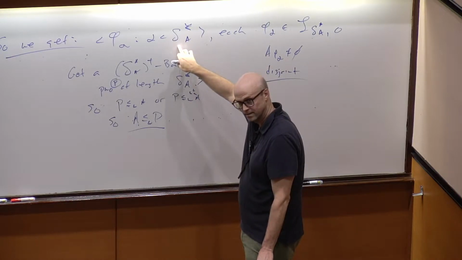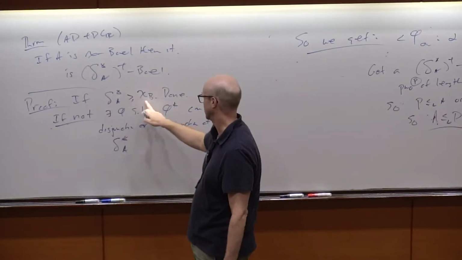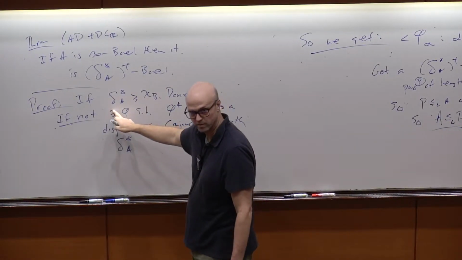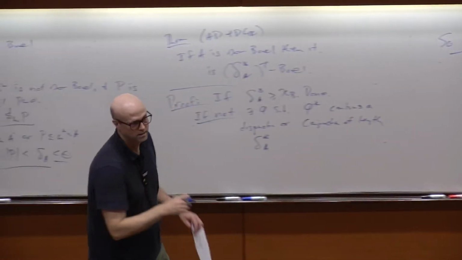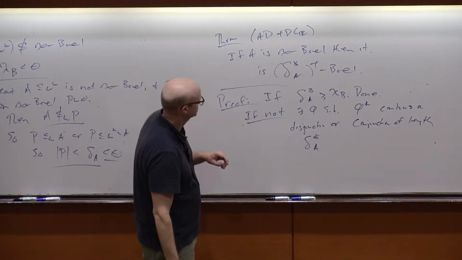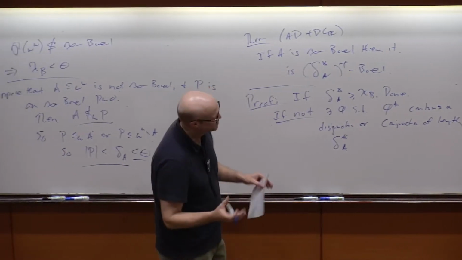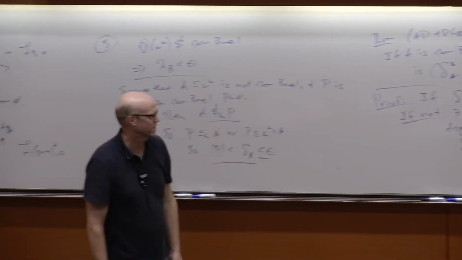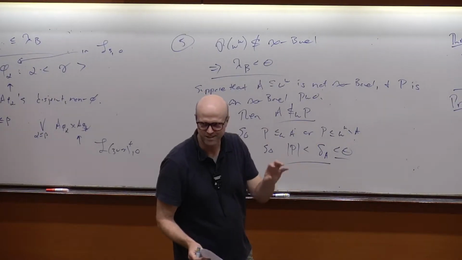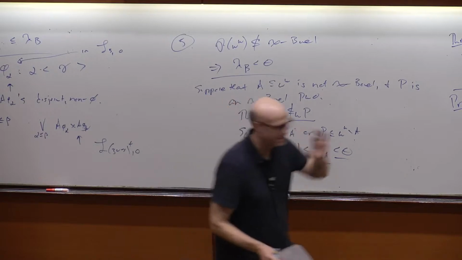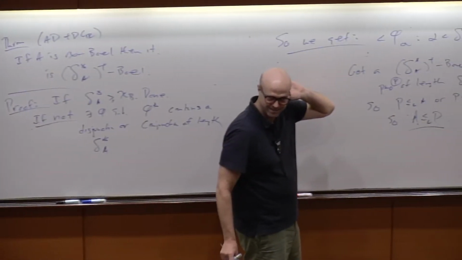Because if I did, then every set that was infinity-Borel would be delta star A Borel. Yeah, that's why I'm using that it's regular. And I guess the question is whether it still works if it's singular, just in an ugly way. I don't know. But yeah, you're right. To make it clean like this, I'm using the fact that it's regular.